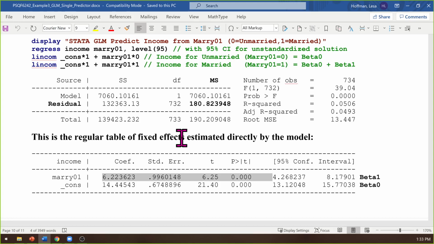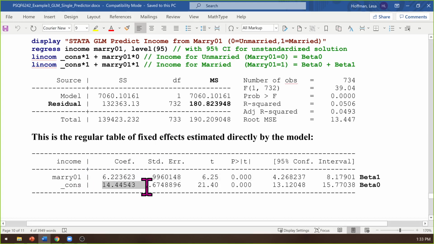So we're not really comparing the 6 to the 14 in the same way. Correct. Does that make sense? Okay. I think so. So the 14 is a mean. The 6 is a mean difference. Okay, yes. They mean different things.